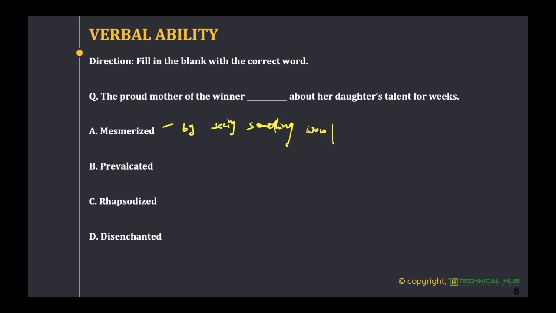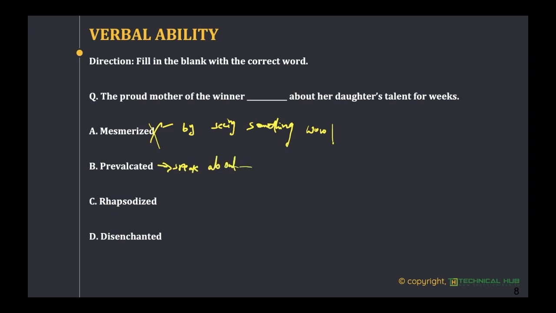For example, if I am an HR and I'm speaking to you and you speak very good language, I say, oh wow, I'm mesmerized by his language. He speaks wow, no doubt about it. So this word cannot fit there. Prevaricated. What do you mean by prevaricated? Like, speak about a person or a situation. You can take it as speak about. This could be an answer.